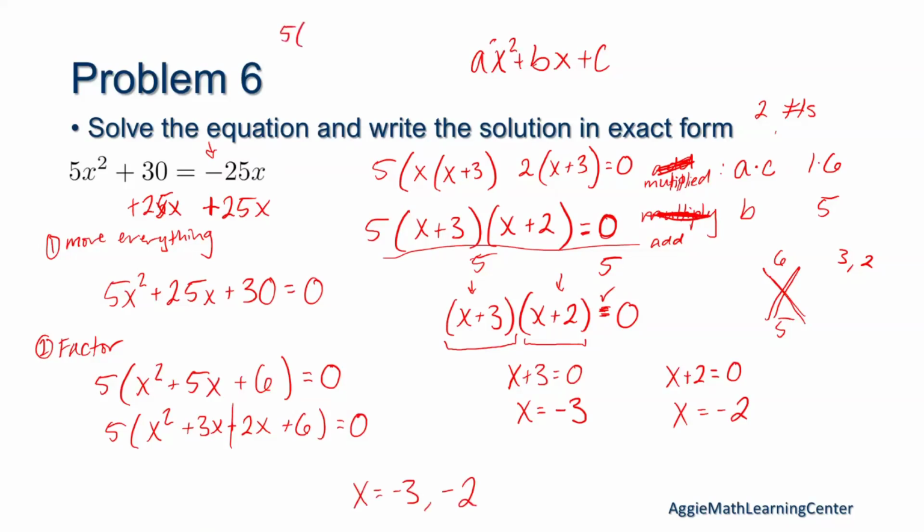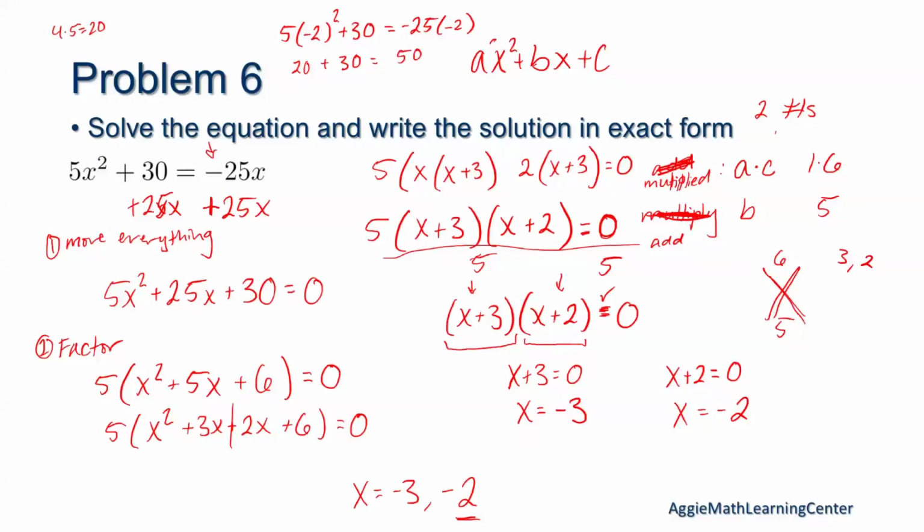We have 5 times x squared plus 25 times x equals 50, and we'll try -2 first. Wherever there's an x, we'll plug in -2. So what's -2 squared? +4. So 4 times 5 is 20. 20 plus, what's 25 times -2?